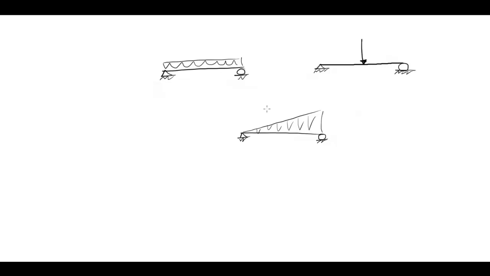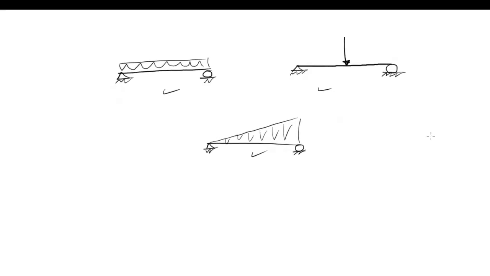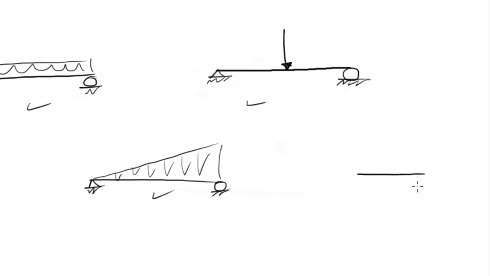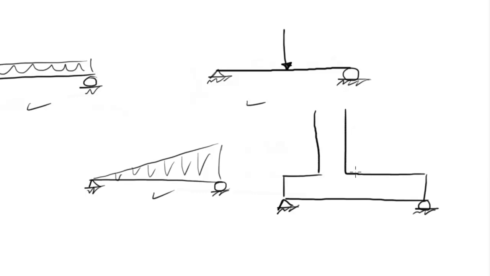Let's try to see how we can get these types of loads in a real life situation. For this one, this is the simple one. For example, let me draw it right here. If I have a beam like that one, and it's resting on a support like this one, and I'm having a column that goes down to this beam.